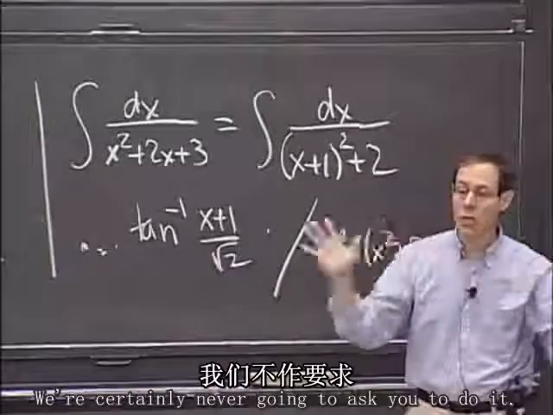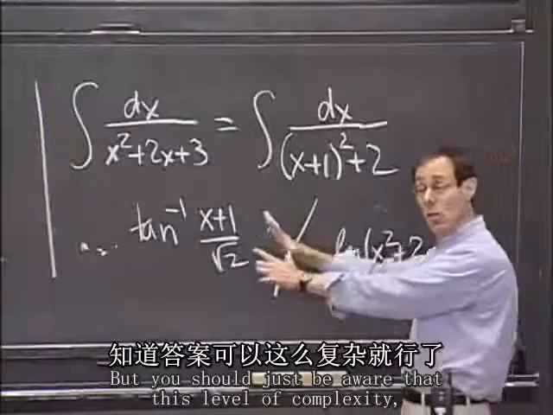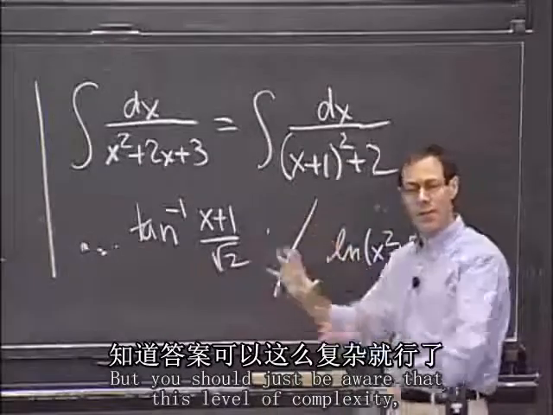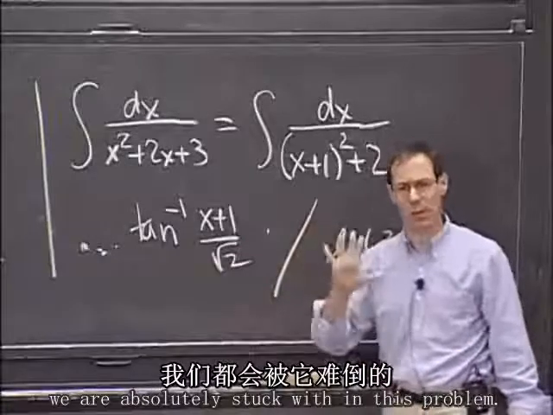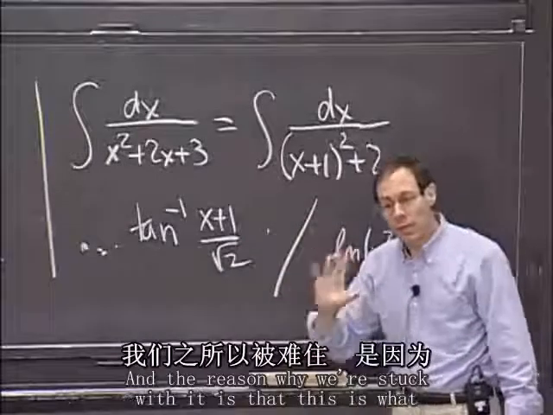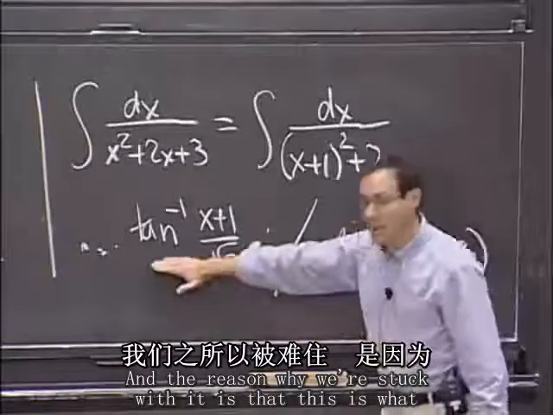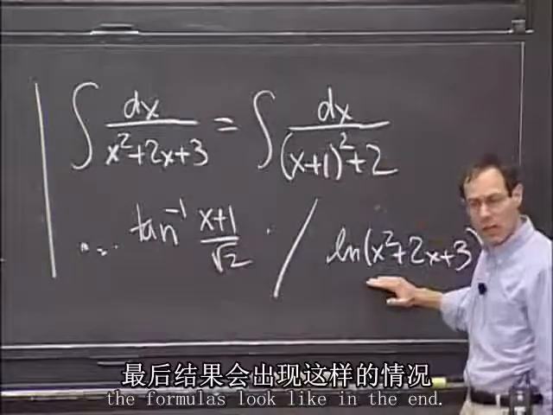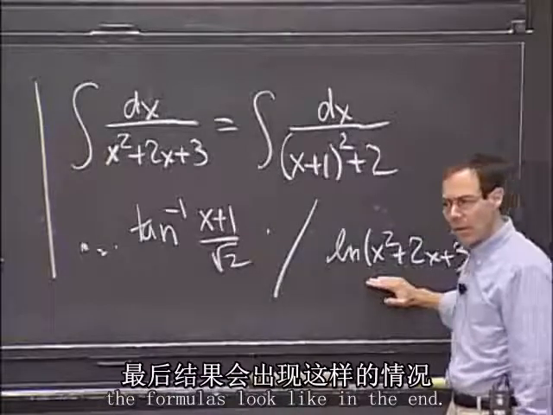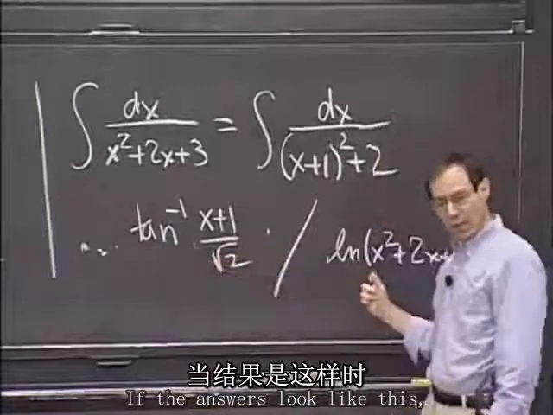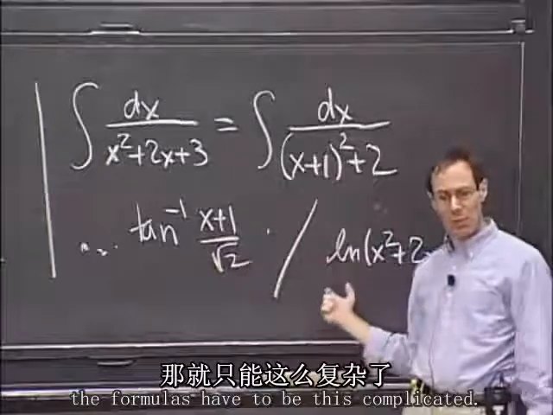We're certainly never going to ask you to do it, but you should just be aware that this level of complexity we are absolutely stuck with in this problem. And the reason why we're stuck with it is that this is what the formulas look like in the end. If the answers look like this, the formulas have to be this complicated.